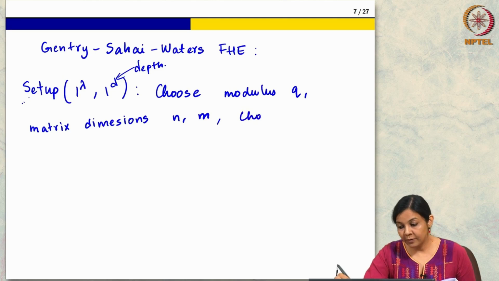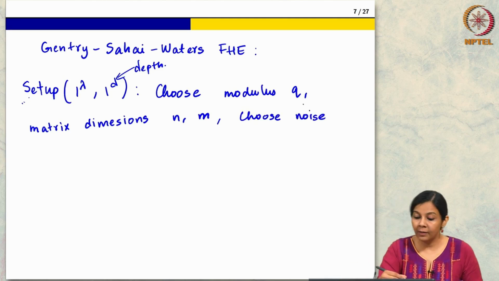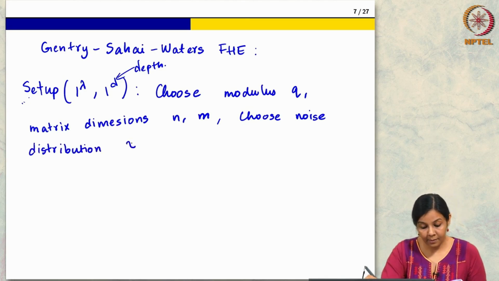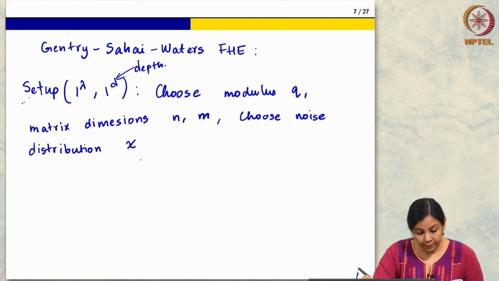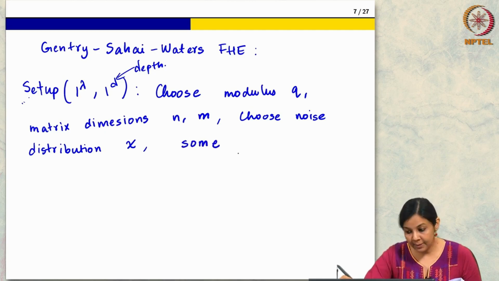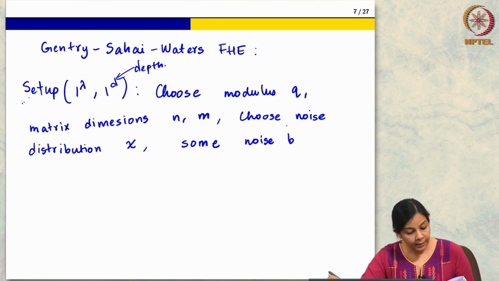It will choose the noise distribution chi that we are familiar with from LWE. Okay, and some noise bound.